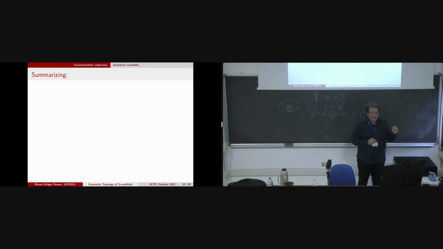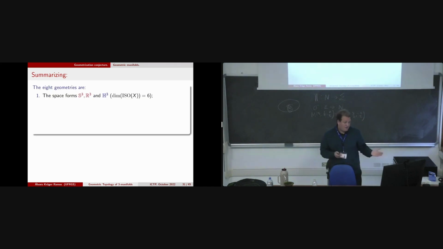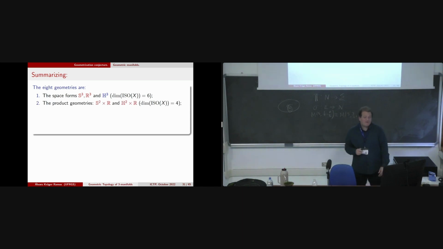Okay, let's summarize. The 8 geometries are the space forms, R3, S3, and H3. Here, red is going to mean Seifert fibered, blue is going to mean toroidal, and these are the geometries with maximal isometry group. You have the two product geometries, S2 cross R and H2 cross R, with isometry group of dimension 4.